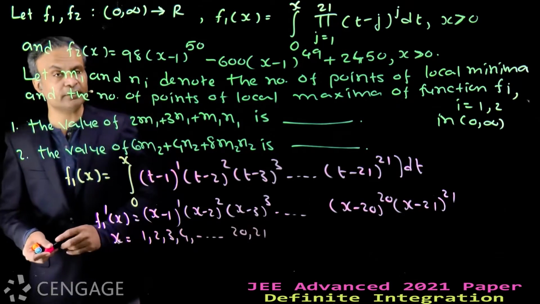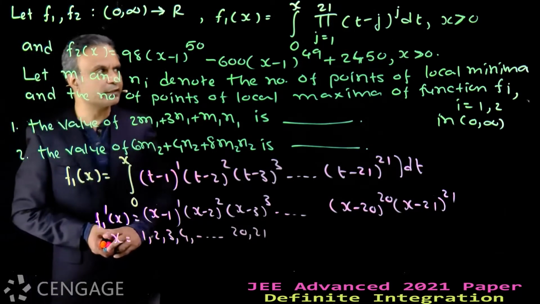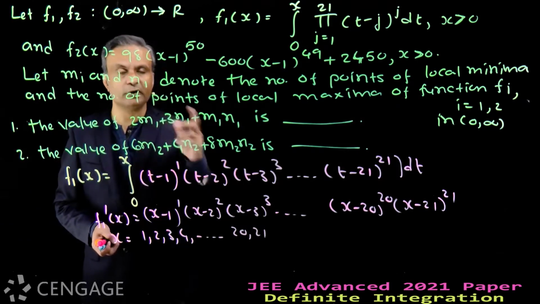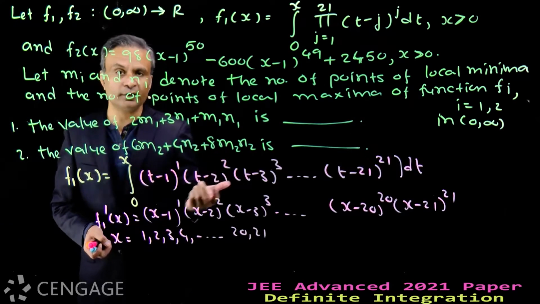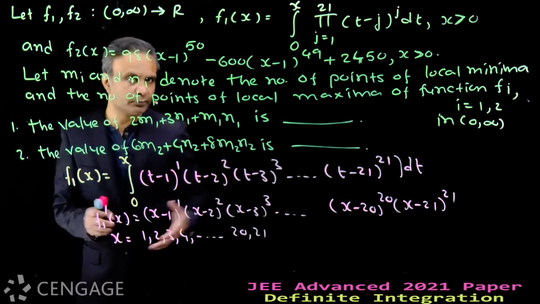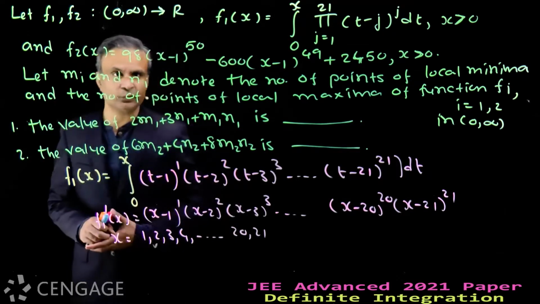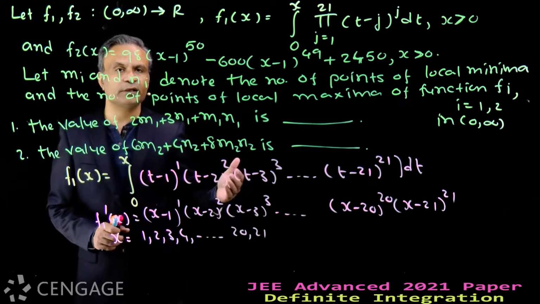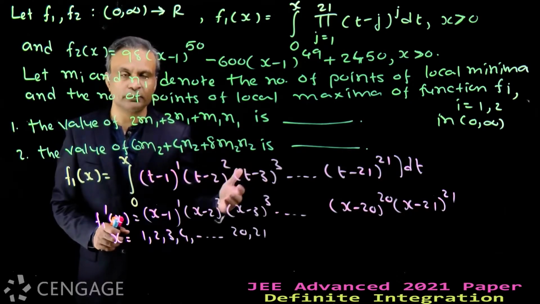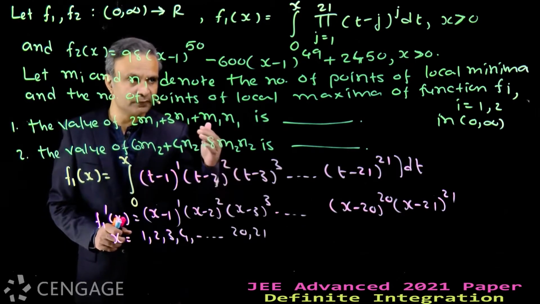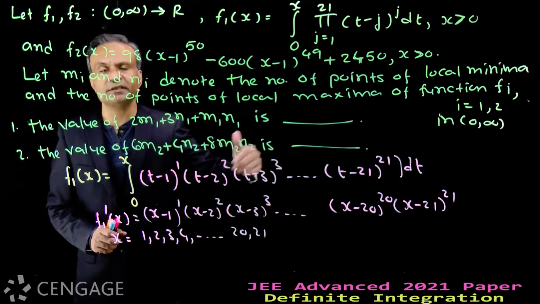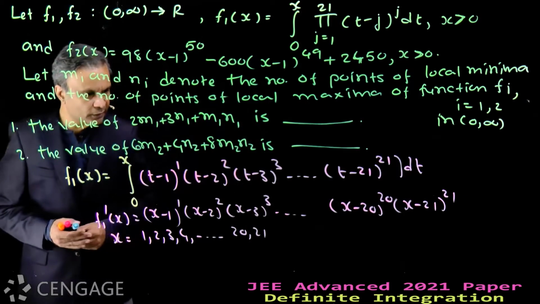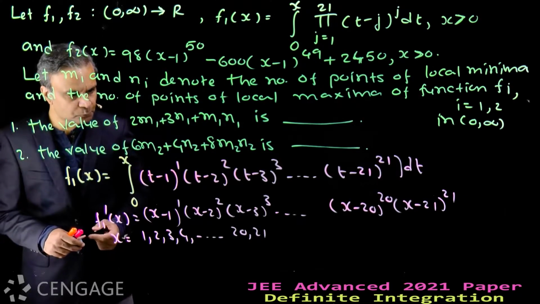We have 21 critical points, but not all the critical points are local maxima and local minima. Only those critical points will be points of local maxima and local minima where the derivative will change its sign. Okay, now we know the sign scheme method.